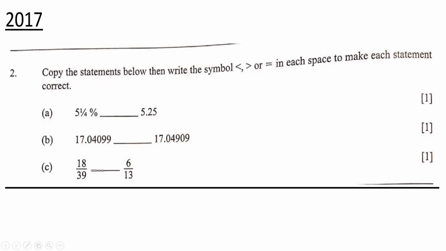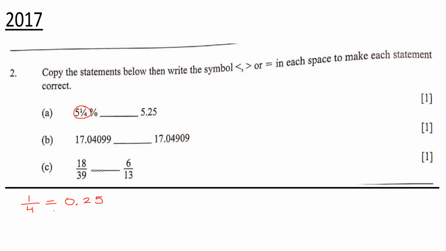Now, what's worthy to note is that we have 5 and 1 over 4. Well, if we know 1 over 4, 1 over 4 is equal to 0.25. That's what 1 over 4 is.